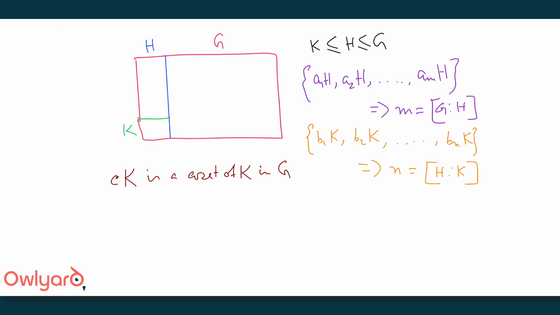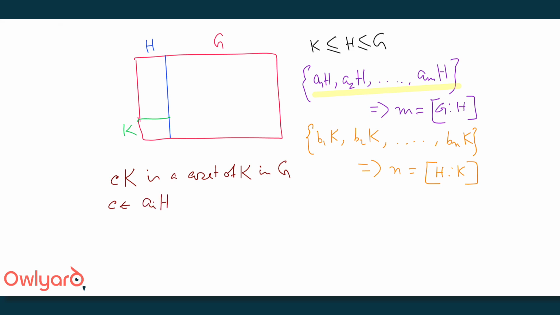C must belong to the group G, and therefore C must belong to one of these cosets of H, because these cosets partition the entire group. Now, without any loss of generality, let's assume that C belongs to a coset called AIH.